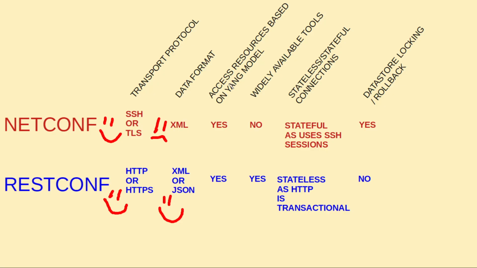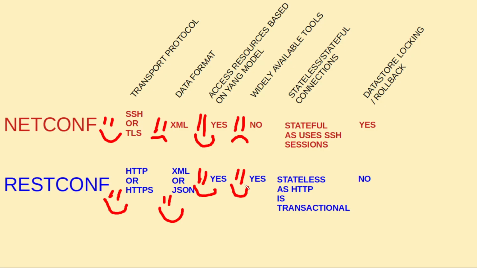Regarding accessing resources based on the Yang model, both protocols use Yang. And regarding available tools, for NETCONF we don't really have many, whereas for Restconf we have several tools out there, given Restconf is based on HTTP.